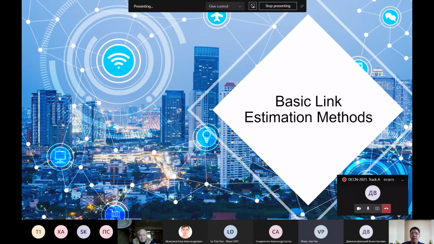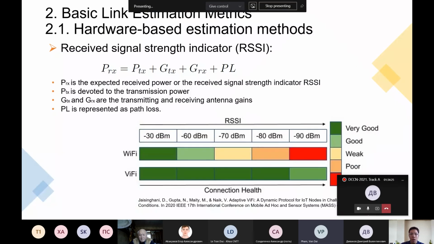There are some basic link estimation methods which can be implemented based on hardware and software. The first method is based on the received signal strength indicator, or RSSI. RSSI is an estimated measure of the power strength that an RF device receives from another RF device.